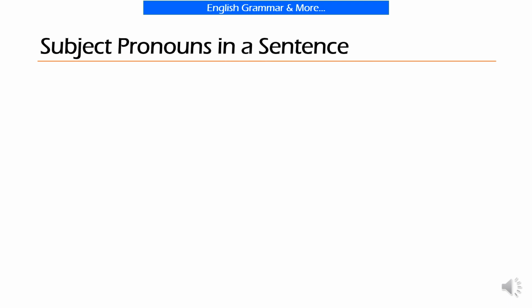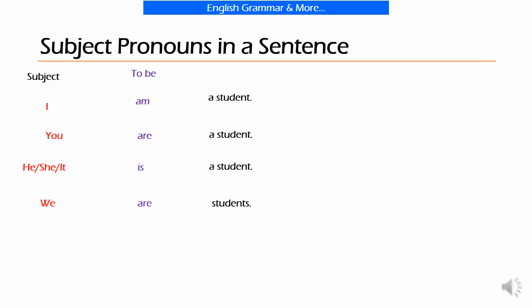Now, when it comes to the function and the place of subject pronouns in a sentence, we need to remember that subject pronouns always function as a subject and come right before to be or verb in a sentence. For example, I am a student, you are a student, he is a student, we are students, you are students, they are students.